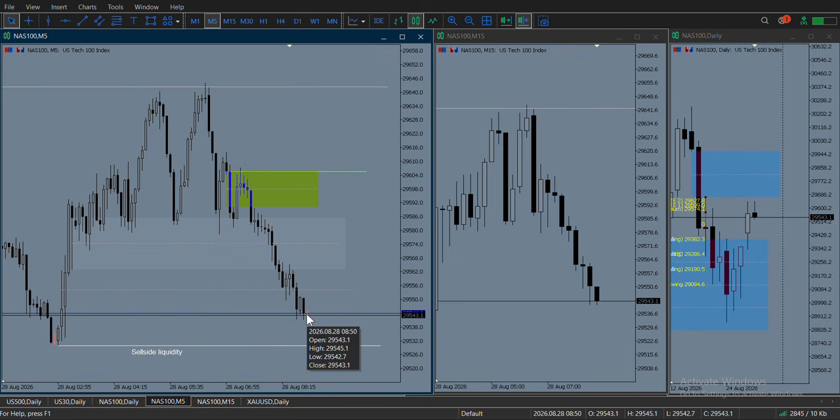So here we go, we have this 850 candlestick. And you can see how it's behaving here. It wants to round these lows here and trade lower.